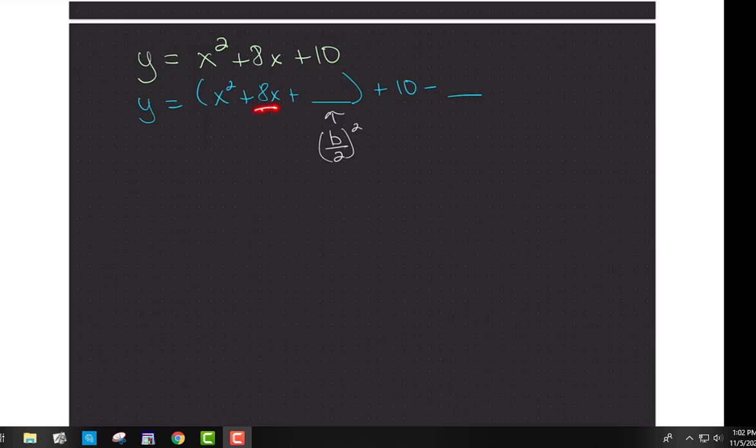My b is 8. So 8 over 2 squared. 8 divided by 2 is 4. 4 squared is 16. So if I add 16 here, what do I got to do over here? Subtract 16. Yep.